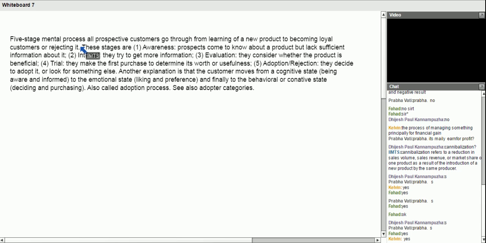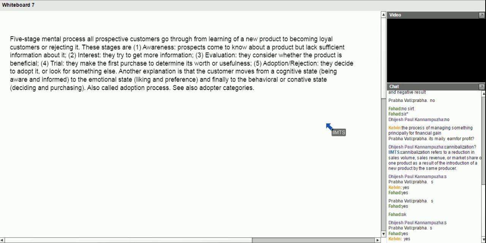So to answer such questions of customers, they have categorized the new product adoption process in 5 stages. These stages are: number one, awareness.